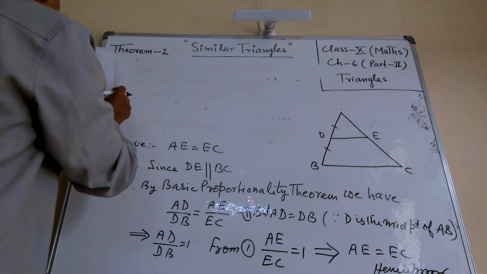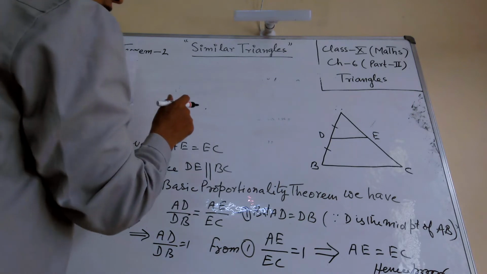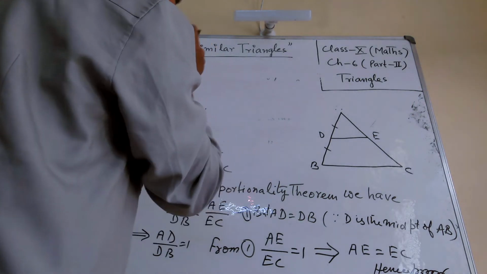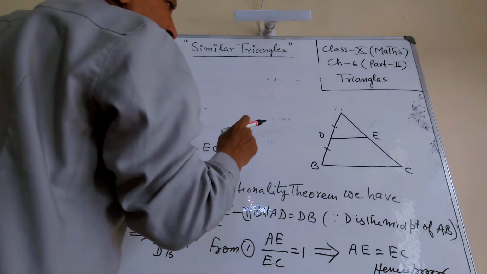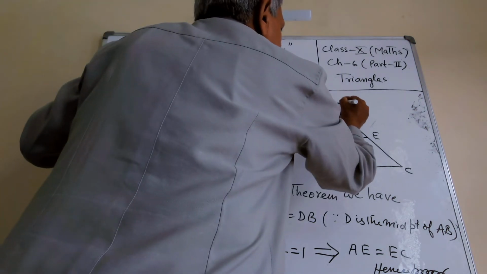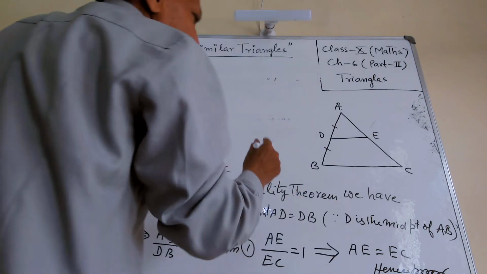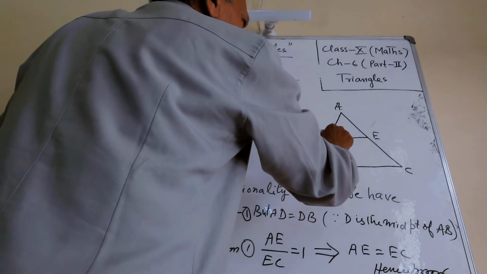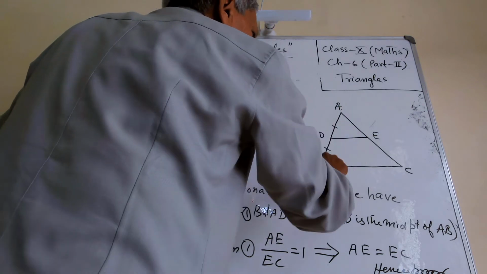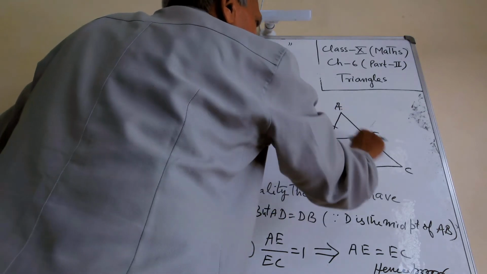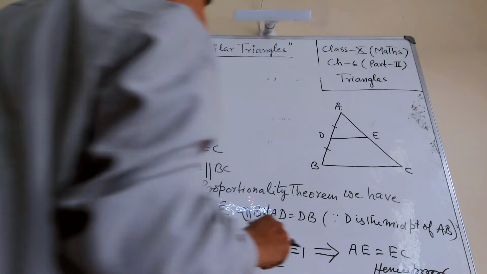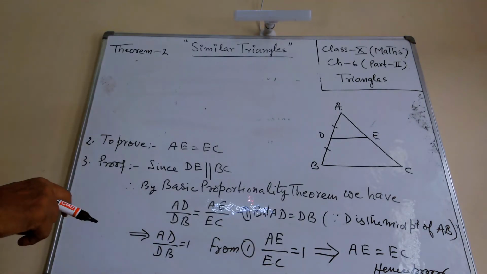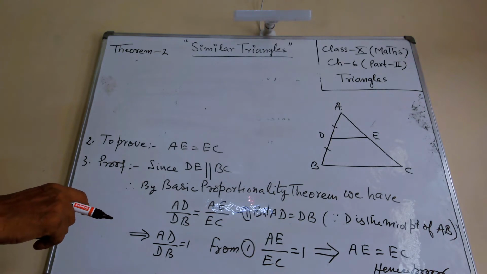In second theorem, in a triangle, two sides AB and AC, whose D is the midpoint of AB and E is the midpoint of AC. We have to prove that DE is parallel to BC.